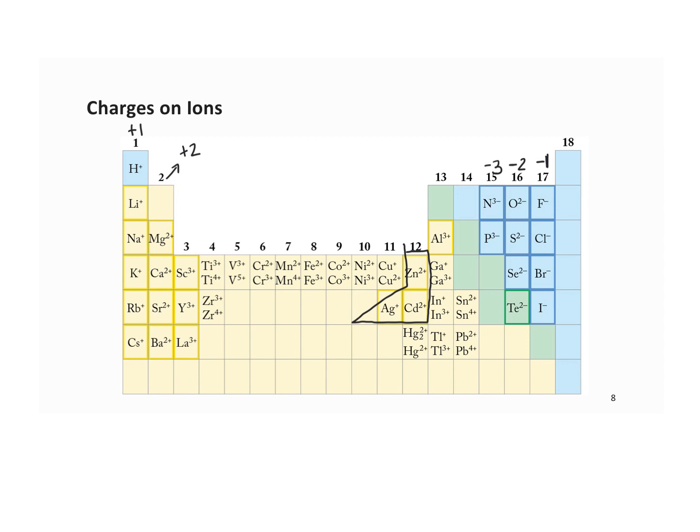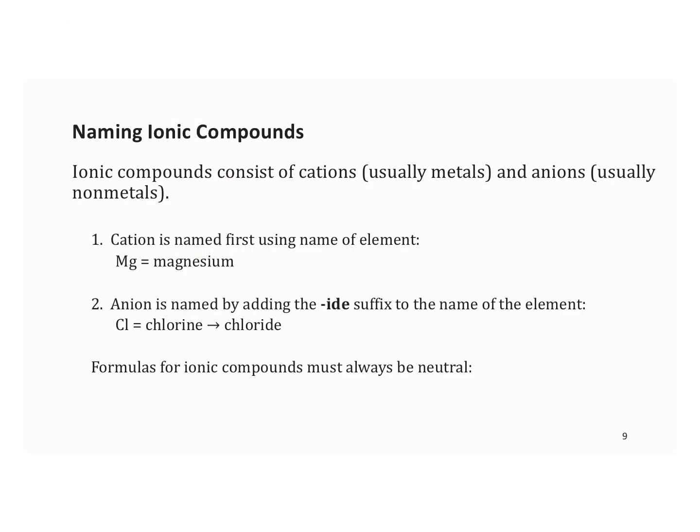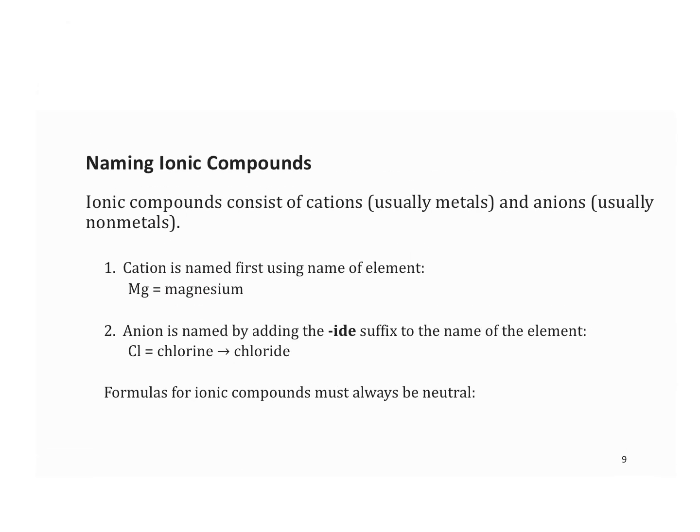I want to talk a little bit more about how to name these compounds. You are probably already familiar with how to name ionic compounds. When we talk about ionic compounds and naming them, I always go back to sodium chloride, which is table salt, and it's NaCl.